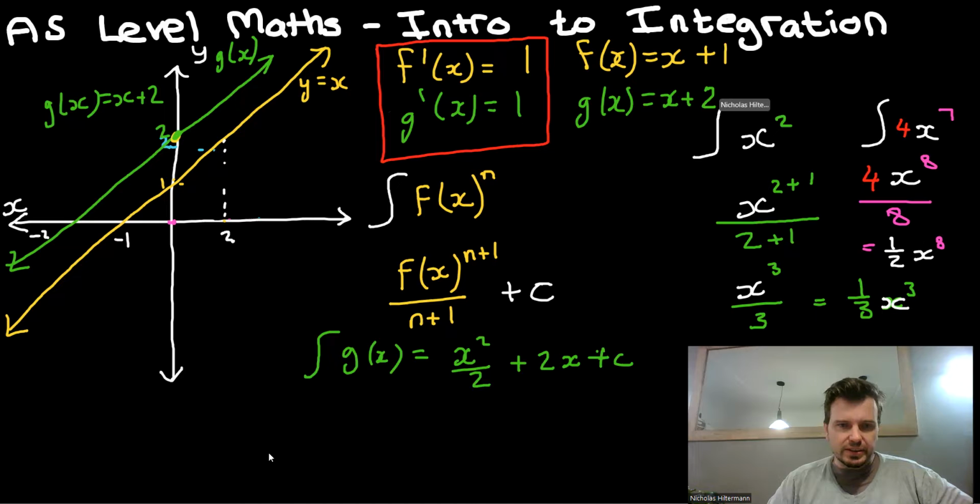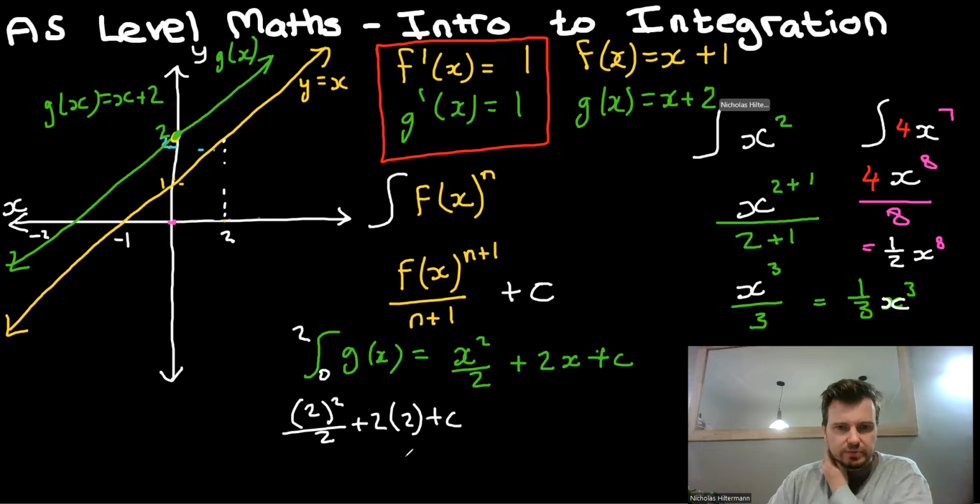Now, if we find the definite integral, all that means is that we're finding it from an area. So we'll do the same. We'll do it from 0 to 2. And so what we have is, we'll start with our 2 squared over 2 plus 2 times 2 plus c.